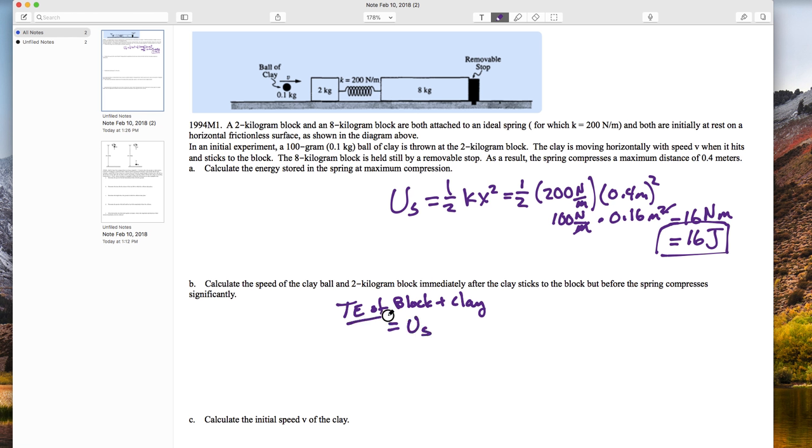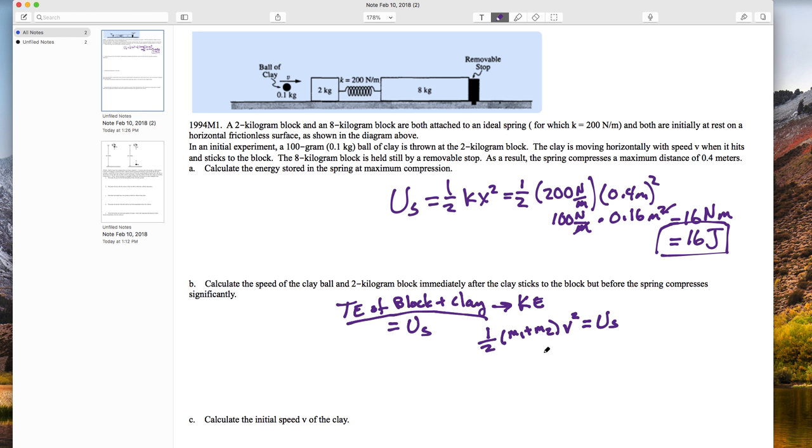Well, the total energy in this case before the collision would end up being the kinetic energy of the system. So if we think about kinetic energy, it's 1/2 of the total mass times the velocity squared, and that would equal my spring energy.